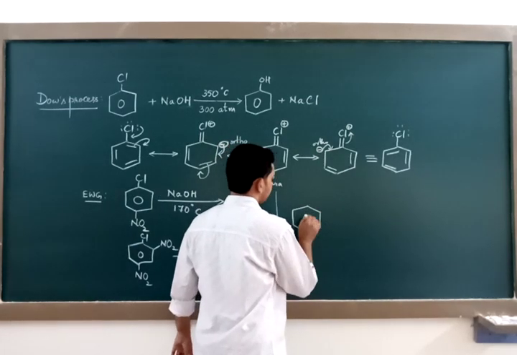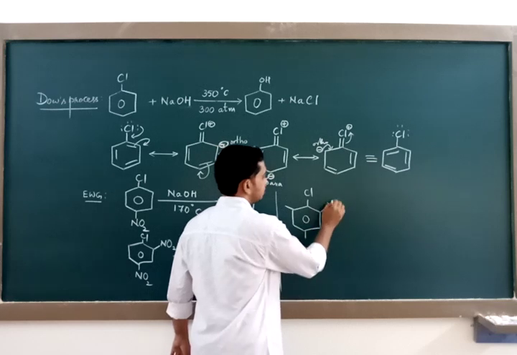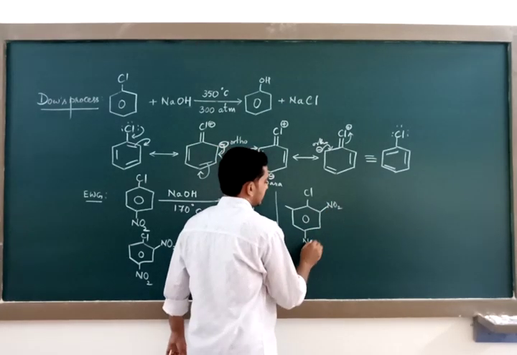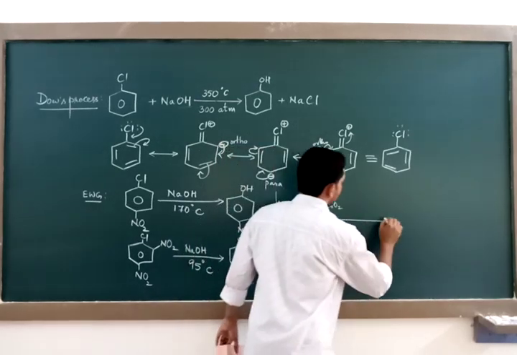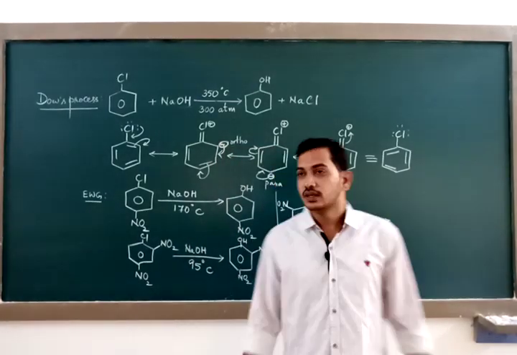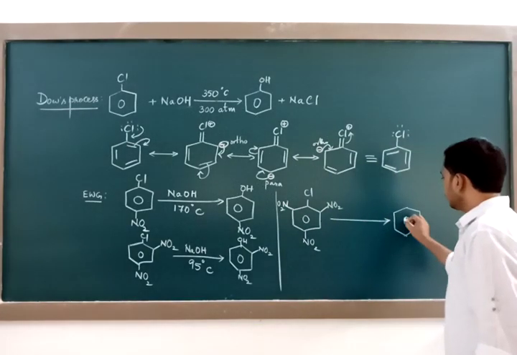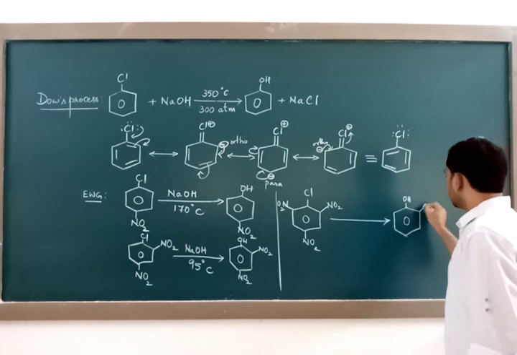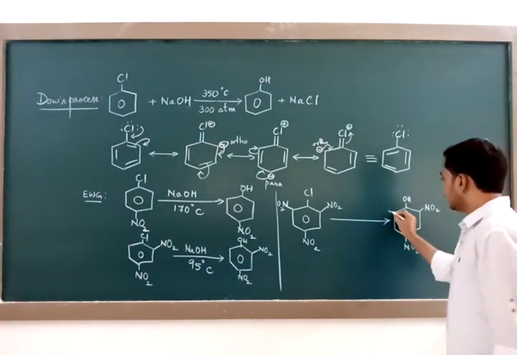Finally, if the same chlorobenzene, this time with all the ortho and para positions blocked by NO2, is used for nucleophilic substitution, then what would be the commonly guessed product? It should be OH, here NO2, here NO2, here NO2.